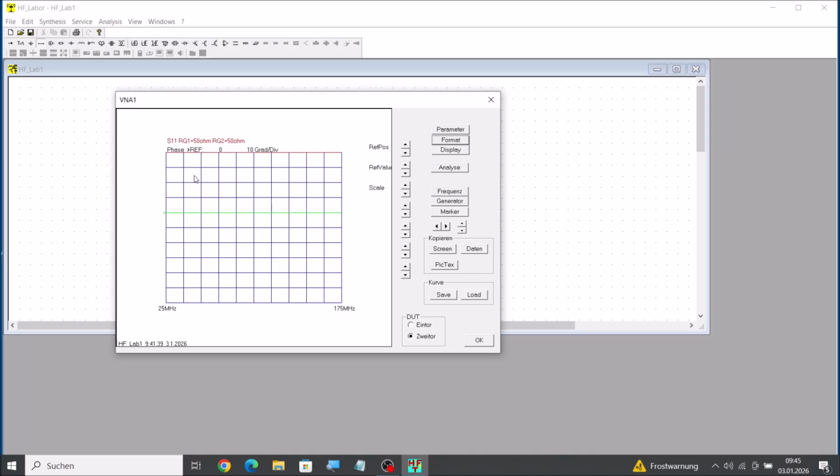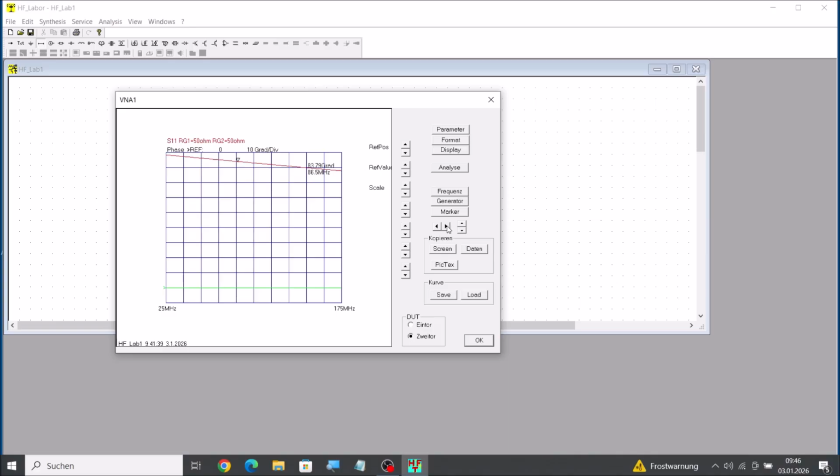Now we have here again the reference value of 0 degrees, and we have 10 degrees per division. First I change the reference position here, for example like this. So we have here 0 value, and now you will see that we have roundabout 90 degrees.